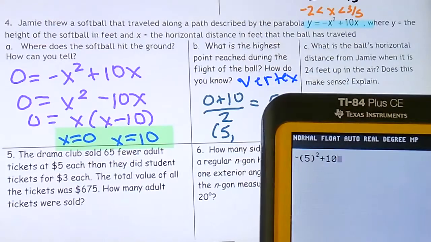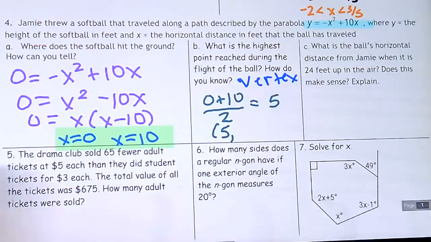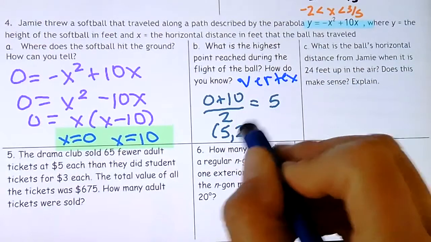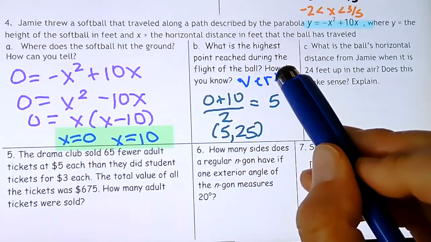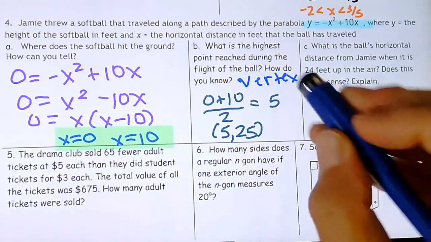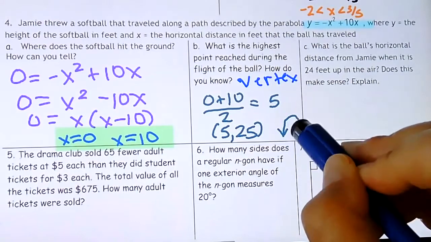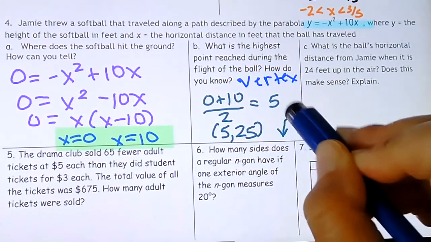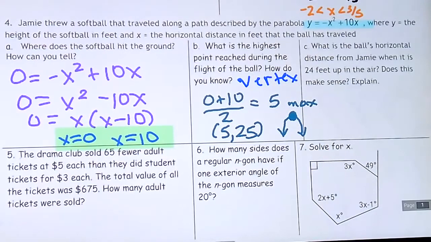Plus 10 times 5, and I end up getting a 25. So when it says what is the highest point that it reaches, 5 comma 25. How do you know? Because it's an open down parabola, and my vertex is going to be my max every single time.